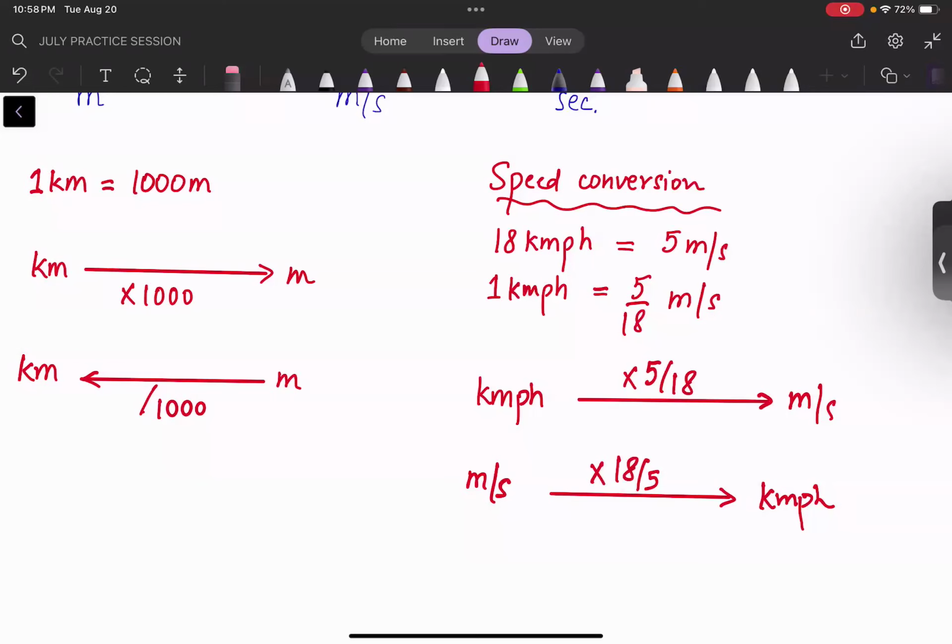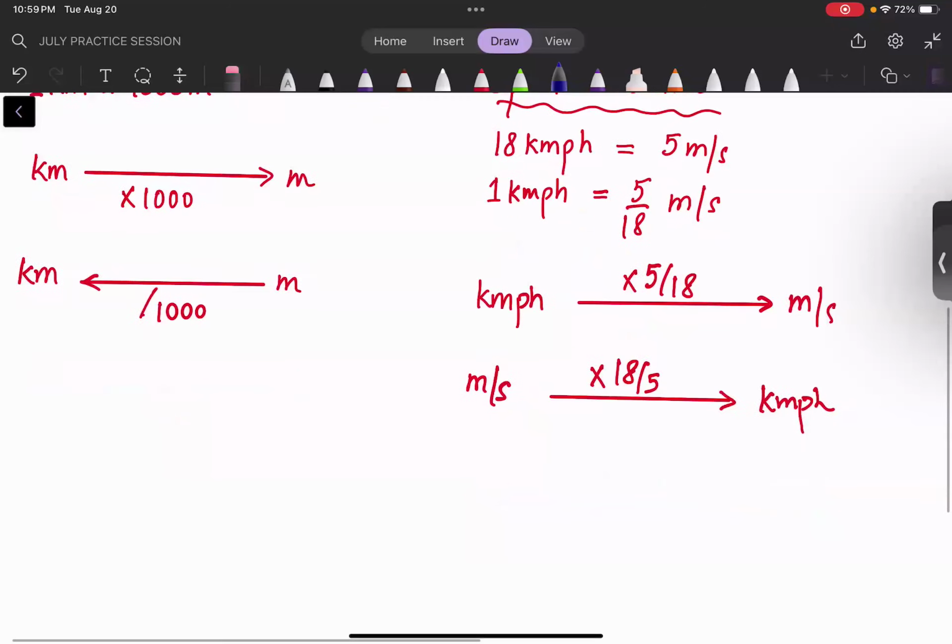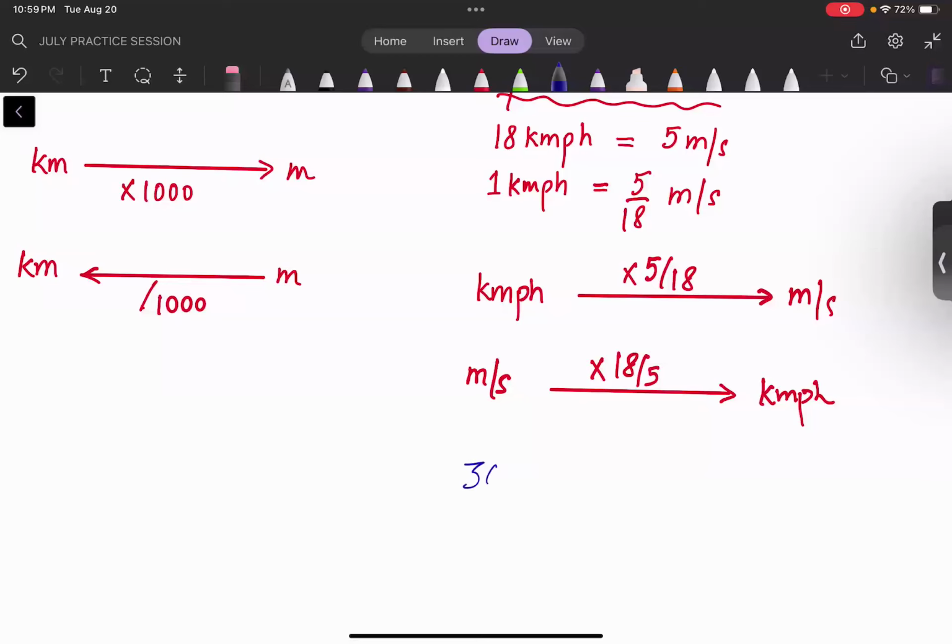Now, why I am saying that 18 kmph is 5 meter per second, please remember it. Most of the times you will see values which are multiples of 18 in kmph in the question.